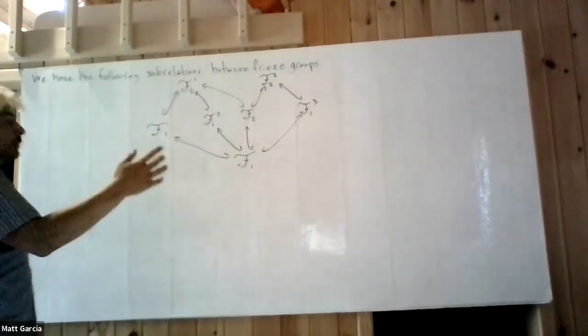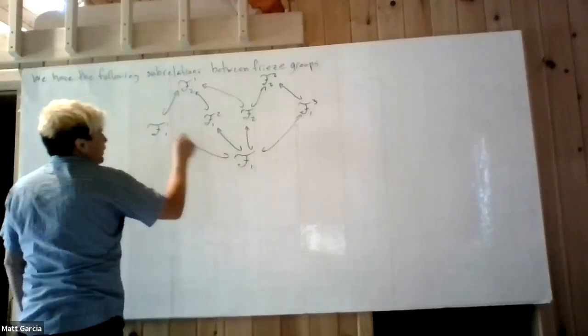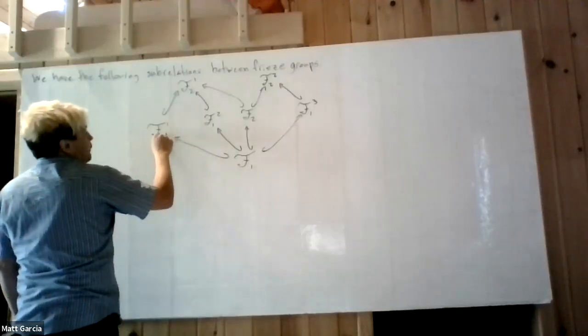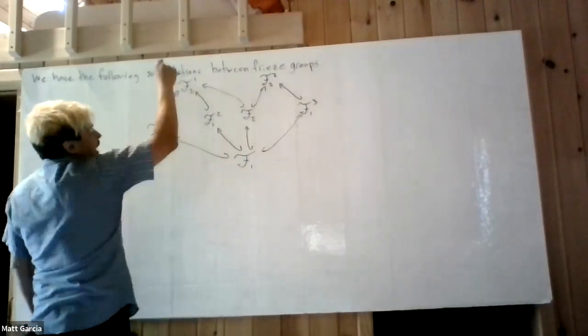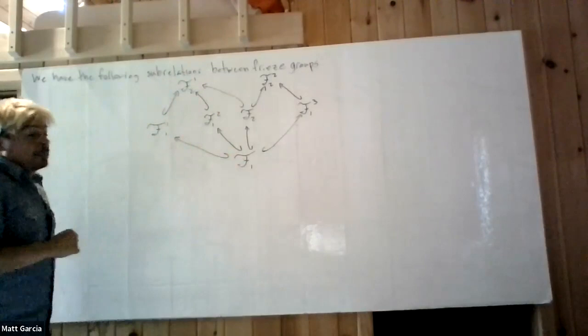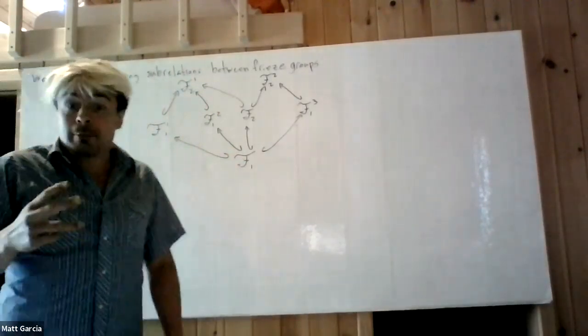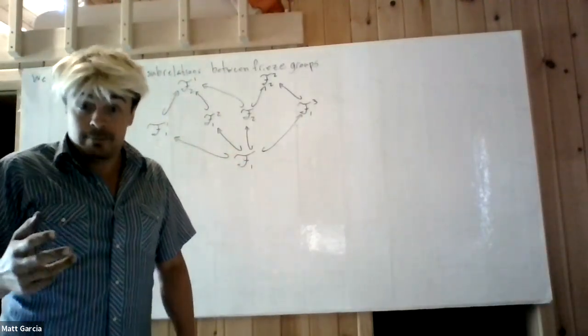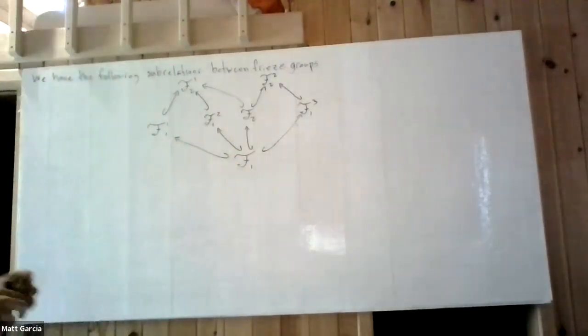And that is, of course, using the fact that if F1 is a subgroup of F11 and F11 is a subgroup of F21, that means that F1 is also a subgroup of F21. That is to say, the property of being a subgroup is transitive. Okay?